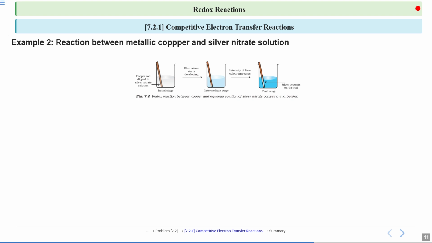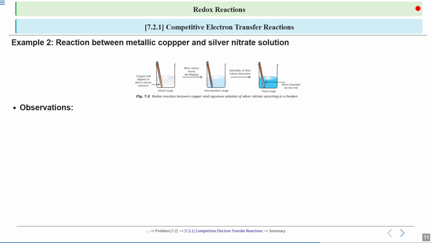In the final stage, you will notice that the solution that was silver nitrate is now of very intense blue color, while the copper rod that was brown is getting whitish, because silver gets deposited on the rod. So this is the redox reaction taking place between copper and the aqueous solution of silver nitrate.